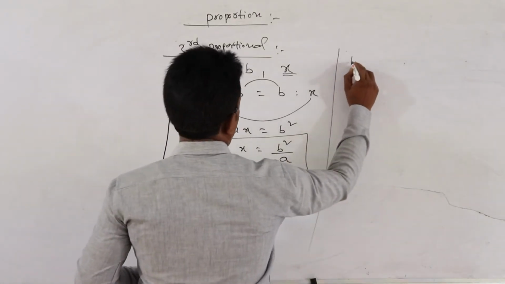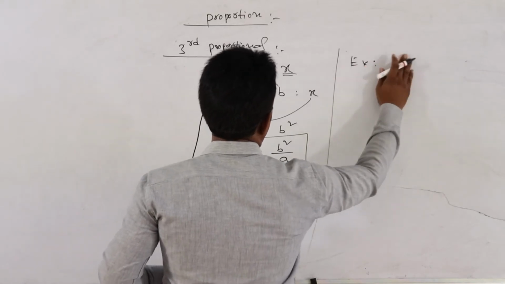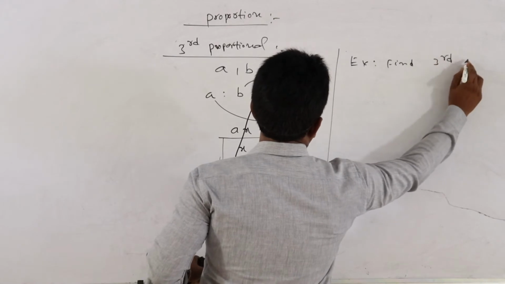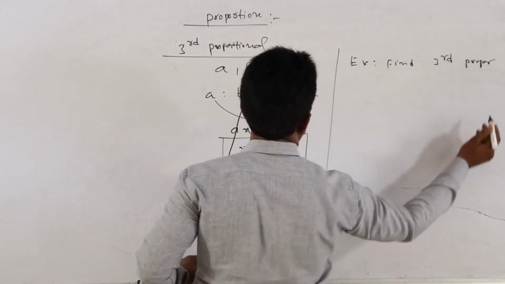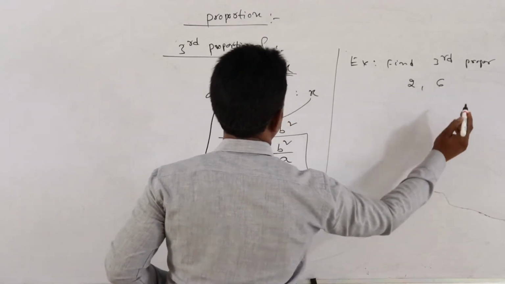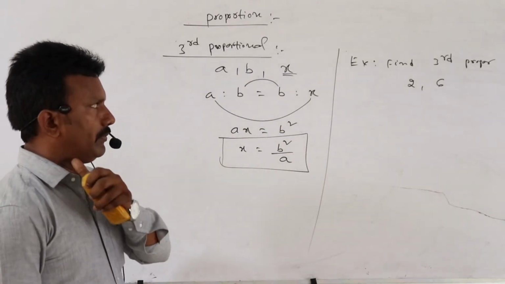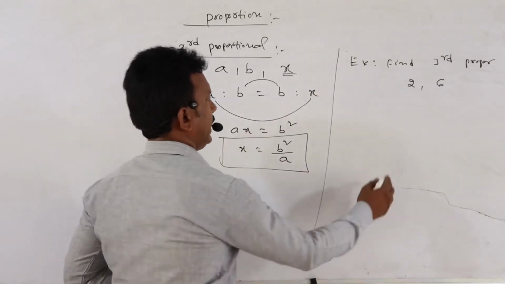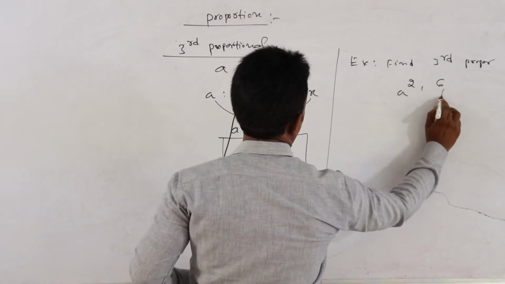We are following the example here. Find the third proportional of the numbers 2 and 6. So we write our numbers a and b.